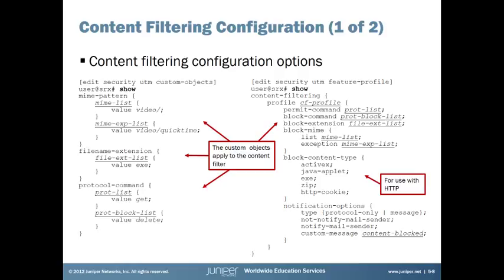File name extension, in this case we're looking at exe files. Protocol command, in this case its value is get, so that's the get command, which is really built into whichever protocol we're looking at here. It's part of FTP, it's part of HTTP as well. So protocol block list value is delete.